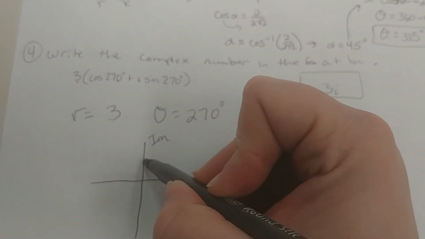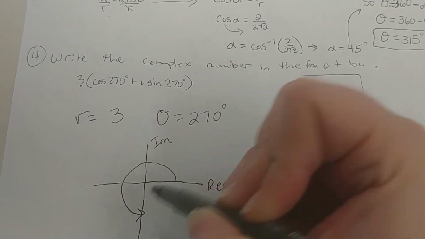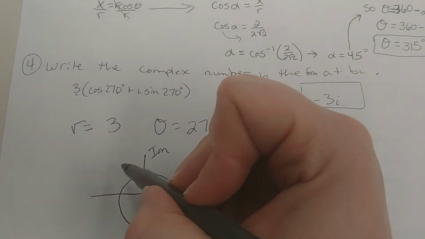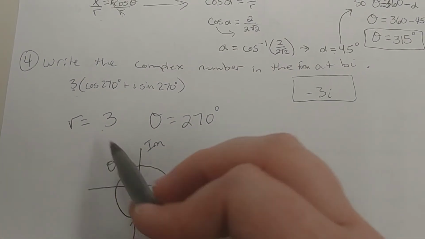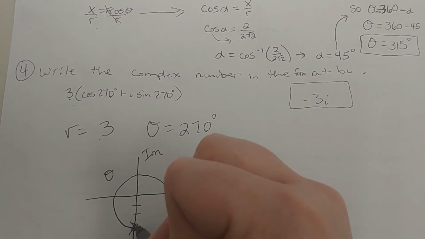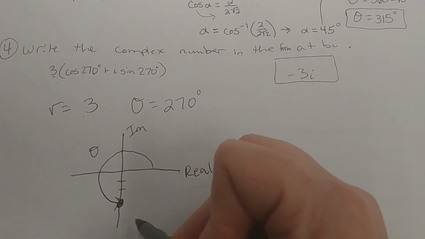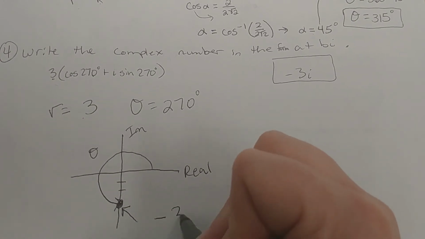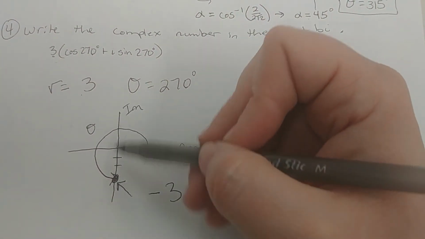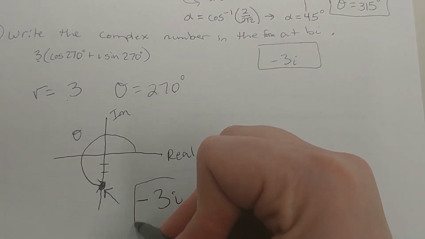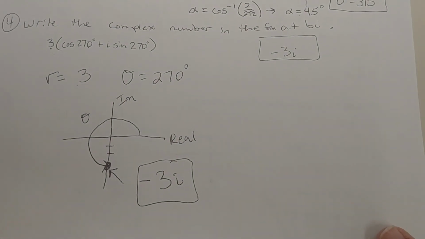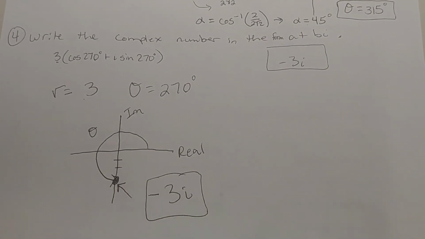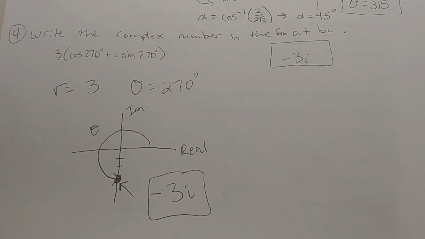Well, there's 90, there's 180, there's 270. So I've turned a theta of 270 degrees, and then I go 3. So 1, 2, 3. So where does that put me? Well, that point is definitely a -3, and it is on the imaginary axis. So that is converting back into that nice complex number, and that's how we do it.